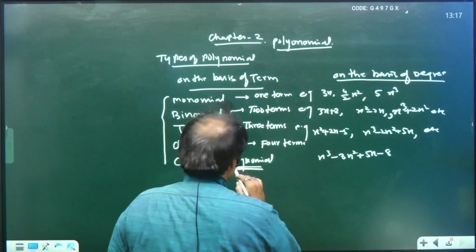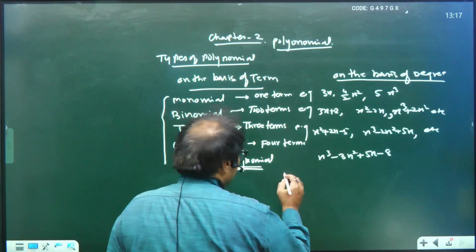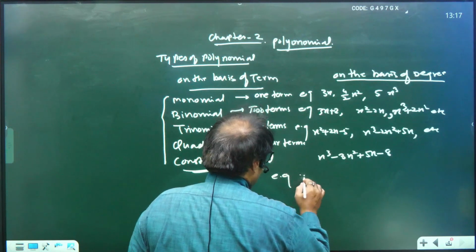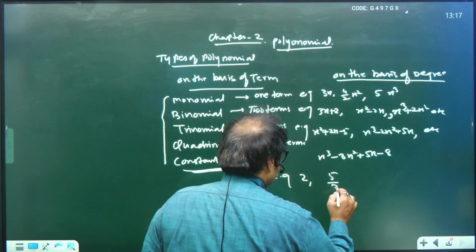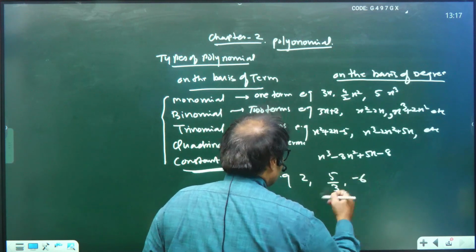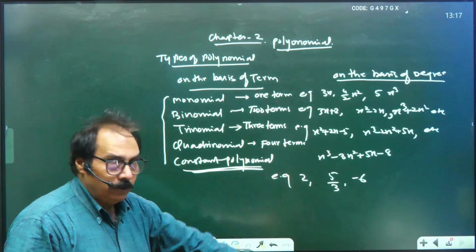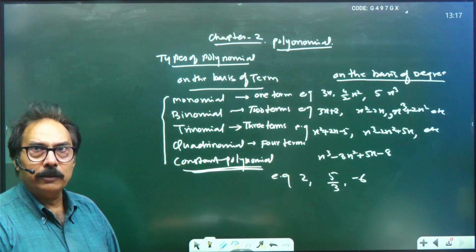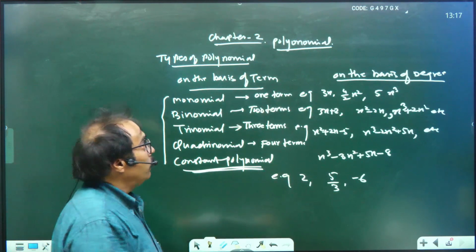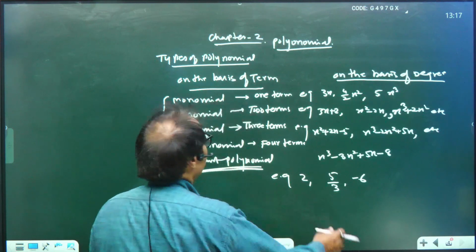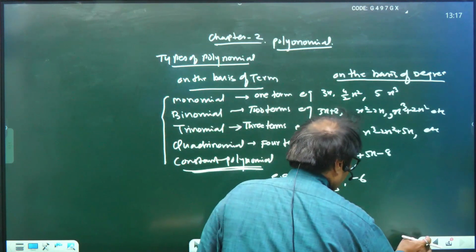For example, only 2, only 5 by 3, only minus 6. Whatever it may be, if there is no variable, then it is called a constant polynomial. Got it? Okay.